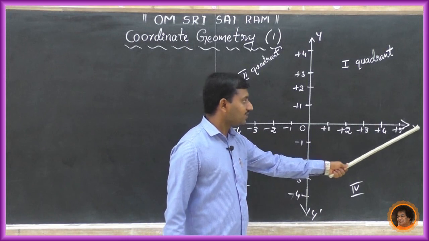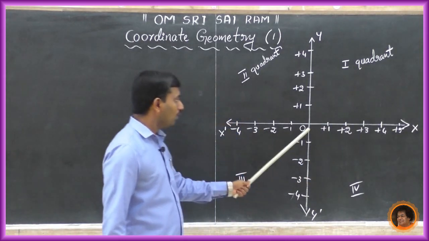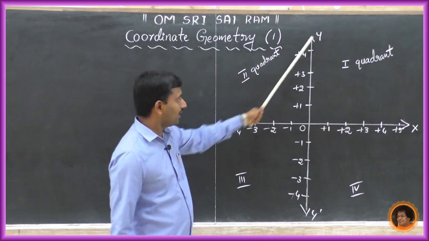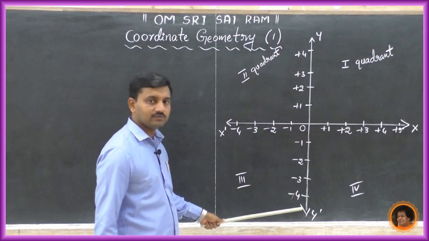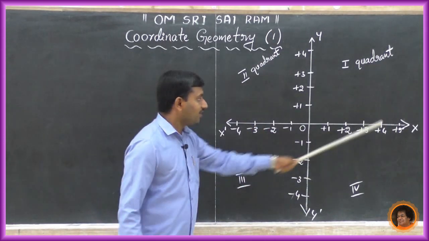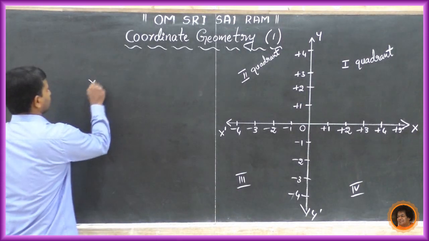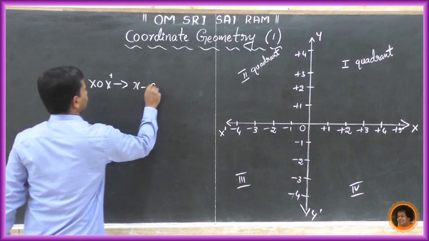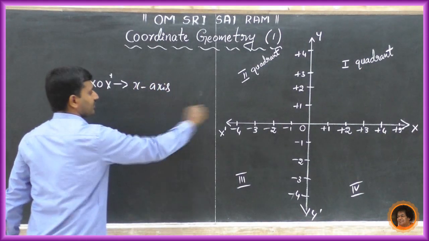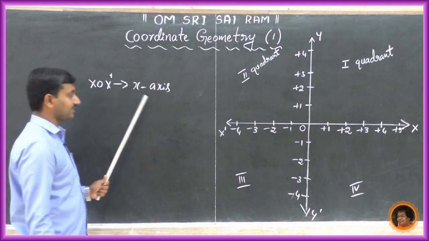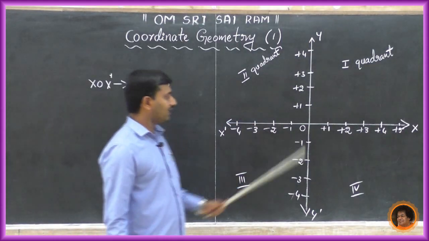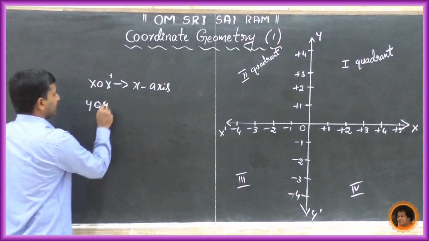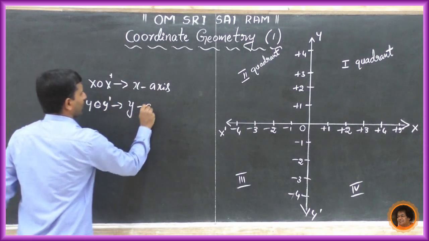So here the horizontal line x, O, x dash, and y, O, y dash, the vertical line. The horizontal line x, O, x dash is known as the x axis, and the vertical line y, O, y dash is known as the y axis.